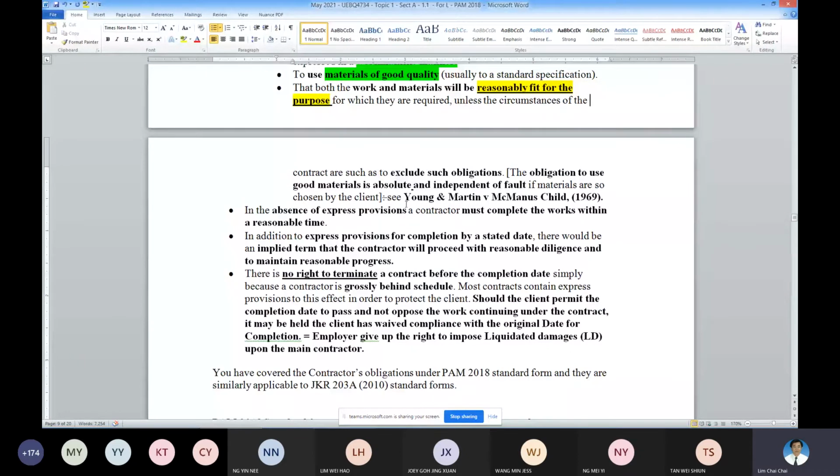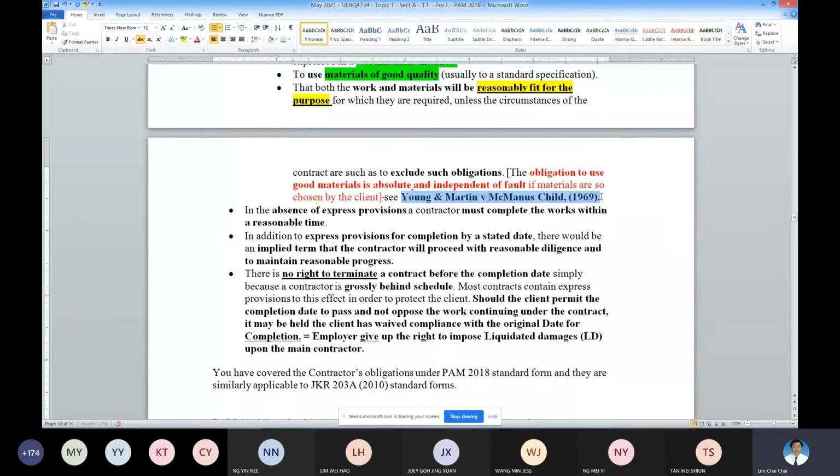So the obligation to use material, all this is under this so-called obligation. To support this, there's a case law. Under Young and Martin v McNamara's, 1969.